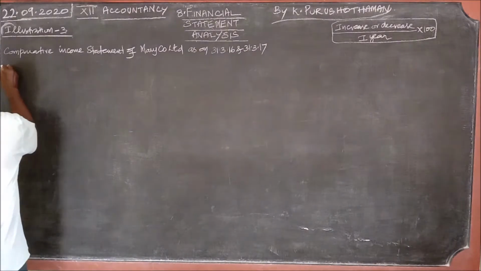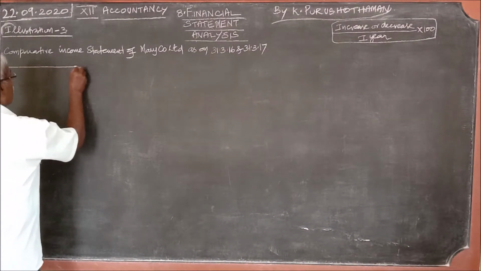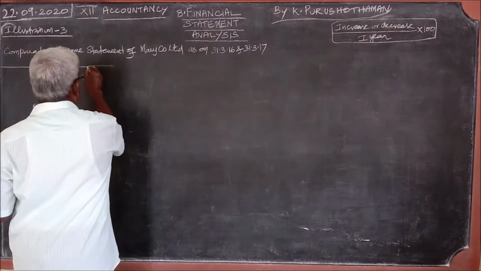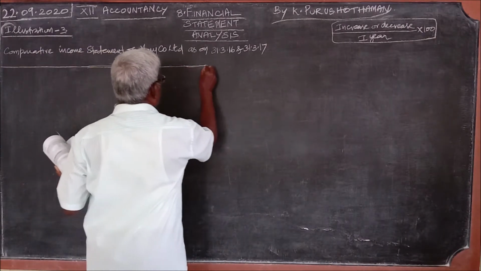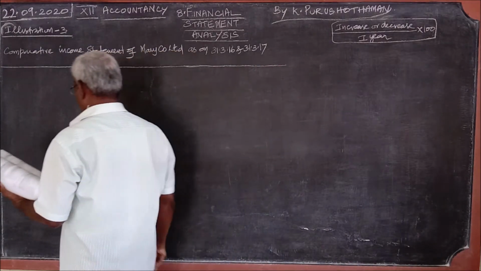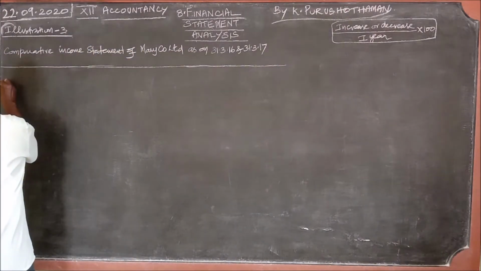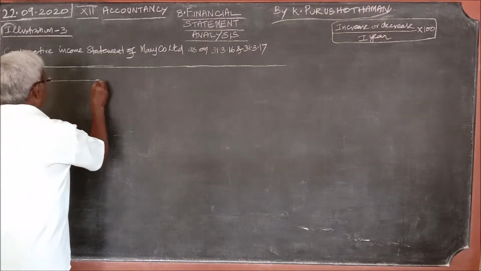As usual, we can draw the columns for particulars and the years.